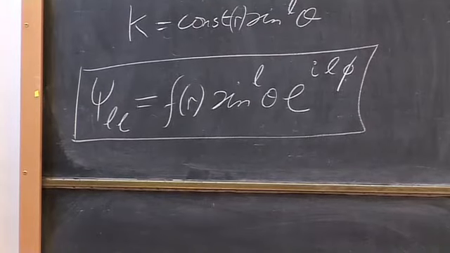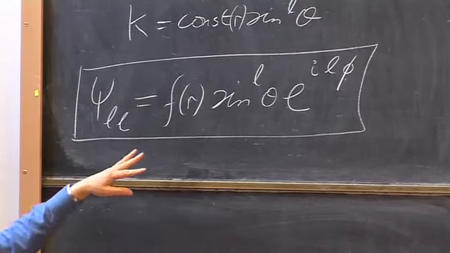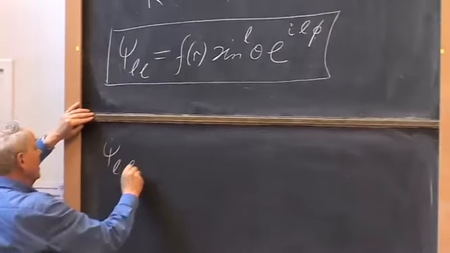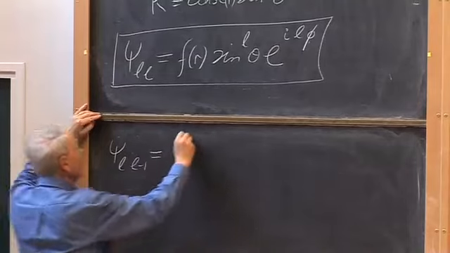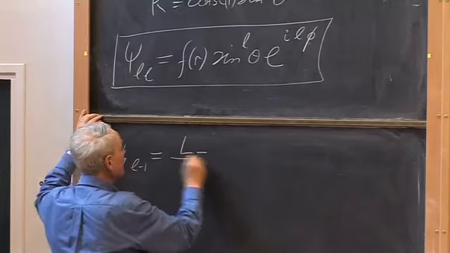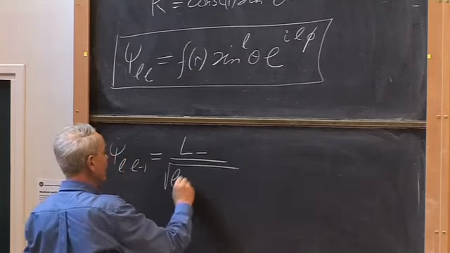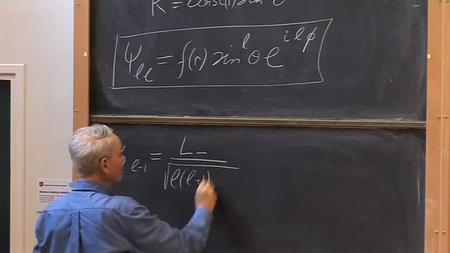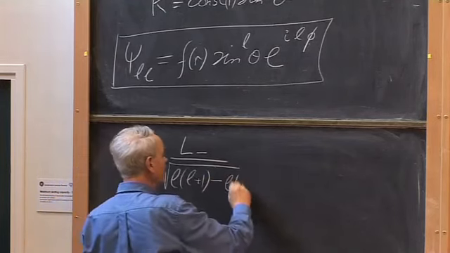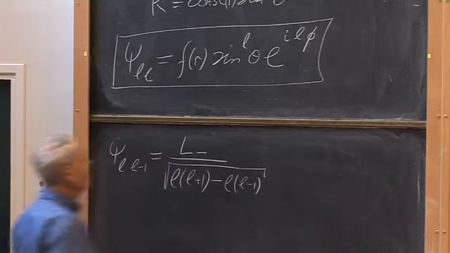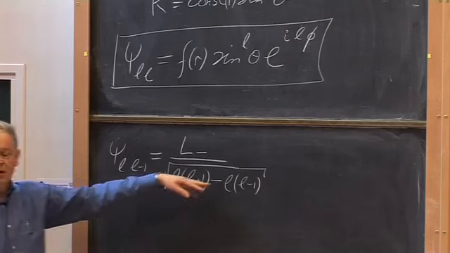And now we're in a position to calculate anything else, because if we want to find what psi L minus 1 is, then it's equal to L minus divided by an appropriate normalization factor, which happens to be the square root of L plus 1 minus L minus 1. Remember, these ladder operators come with square rooty normalizing factors.